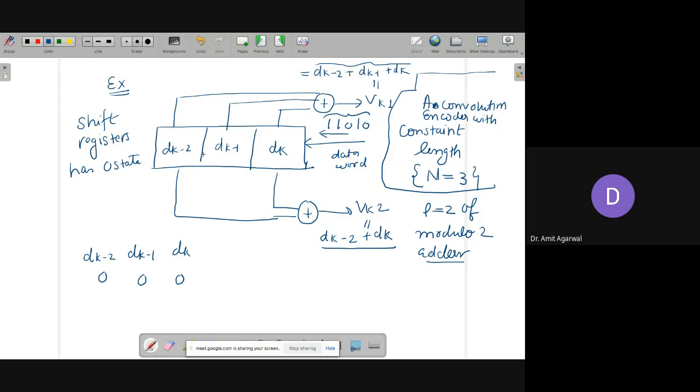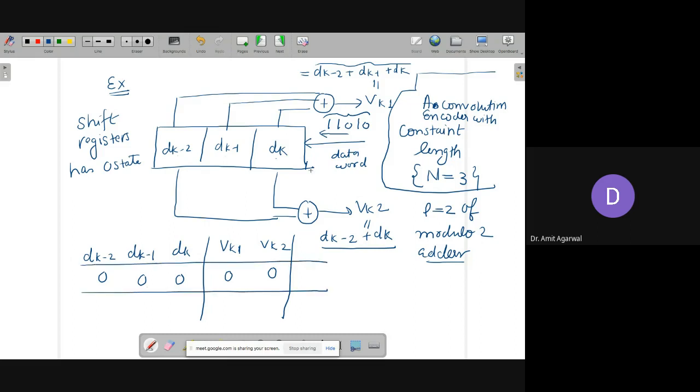Initially, if we assume that dk minus 2, dk minus 1 and dk are all 0, then vk1 and vk2 are 0. In the next time slot, what happens? 1 comes here, so dk is 1, correct? And the previous values shift here, 0, 0.